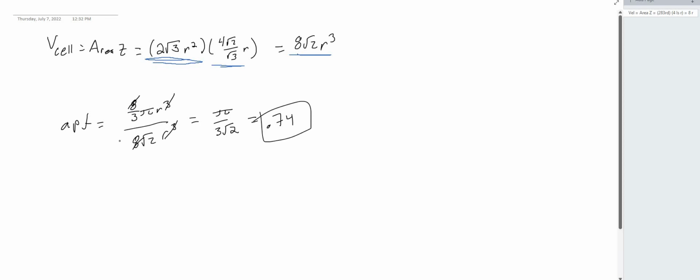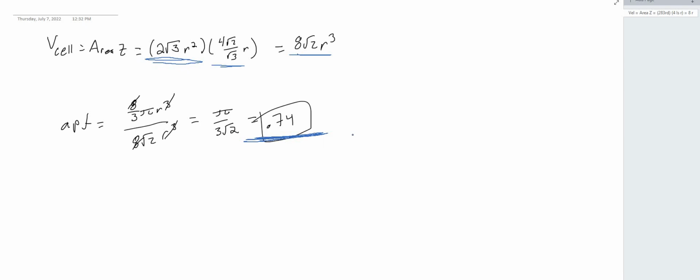So that goes on the top, and then that 8 root 2 r cubed turns into pi over the square root of 3 root 2, which turns into 0.74. So that means 74% of the atoms, or 70% of the volume of the cell, is occupied by atoms.